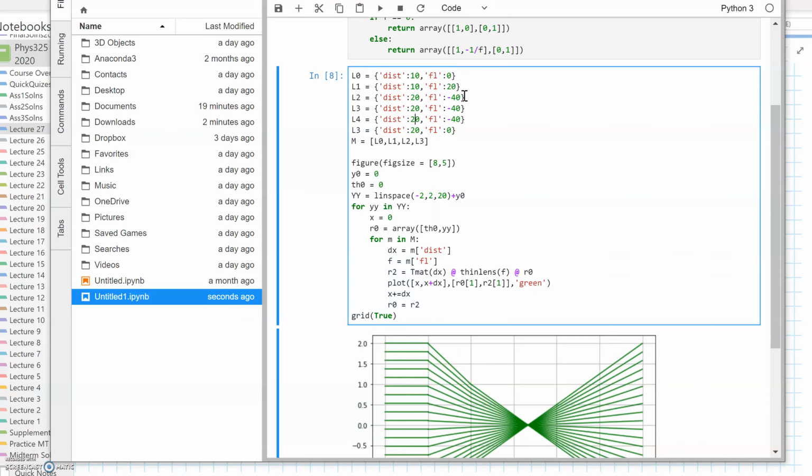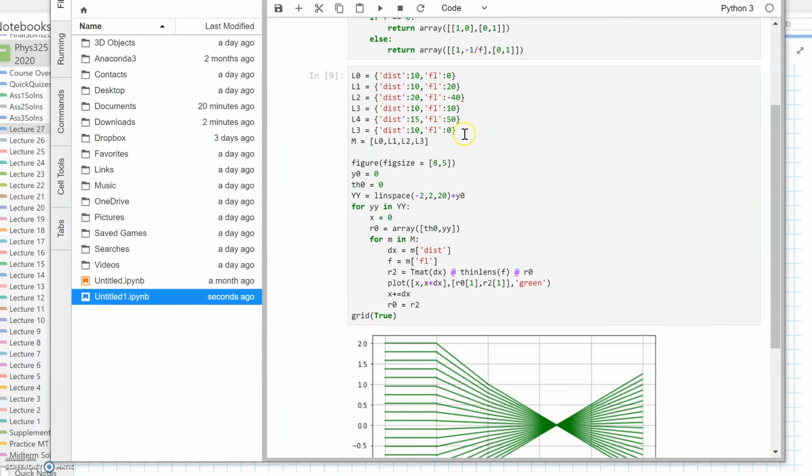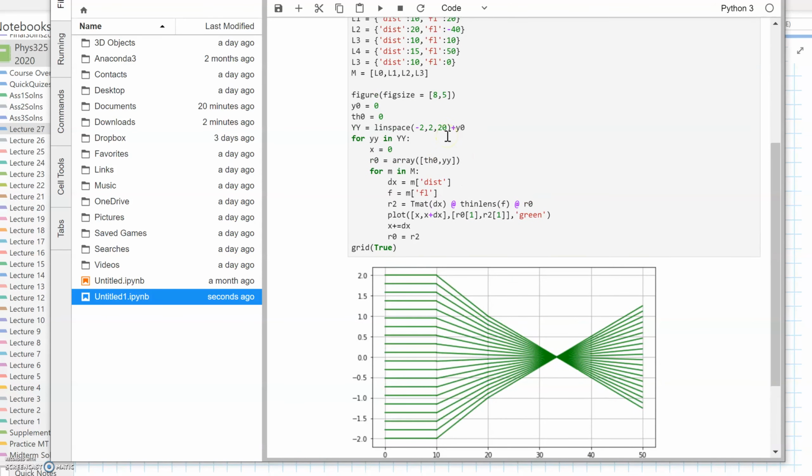We'll make a strong converging lens, and we'll put it in about 10 centimeters, and a weak diverging lens. Let's just give it another weak converging lens, 15 more centimeters down the line. And we'll go another 10 centimeters. I just want to show how easy it is. That's what that looks like.